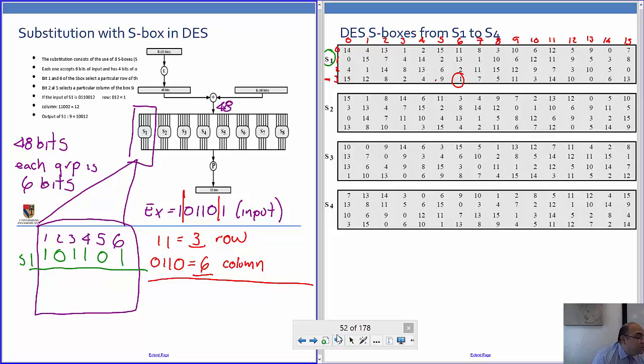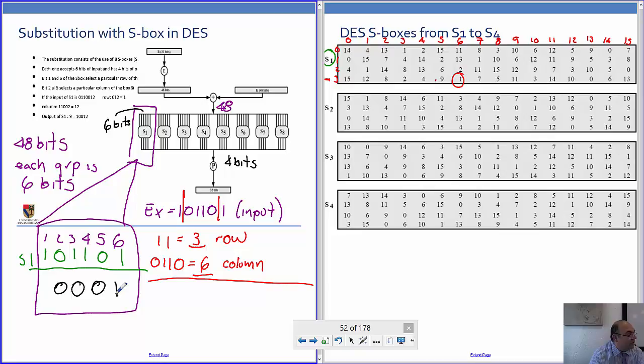Because this has to reduce the size. The output is not 6 bits. These ones are 6 bits, but the output here is 4 bits. So the way we write 1 is 0, 0, 0, 1. So we get from 6 to 4.